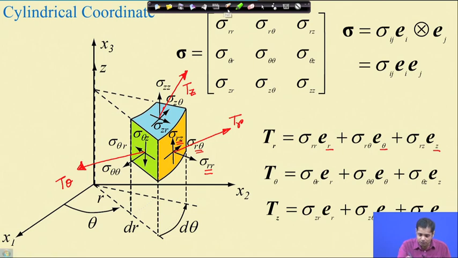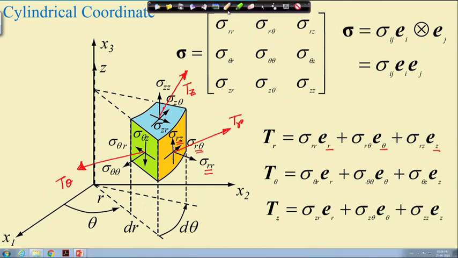Please note, when we defined traction, we used a notation like T n. T n means the traction on a plane defined by a normal vector n. Similarly, T e i is a traction on a plane defined by the normal basis vector E i.